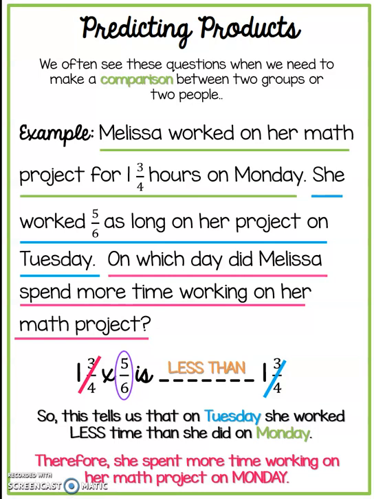So I would answer this question by saying she spent more time working on her math project on Monday. So that's a way that you can use estimation and predictions to come up with an answer to a comparison question or a relationship word problem.